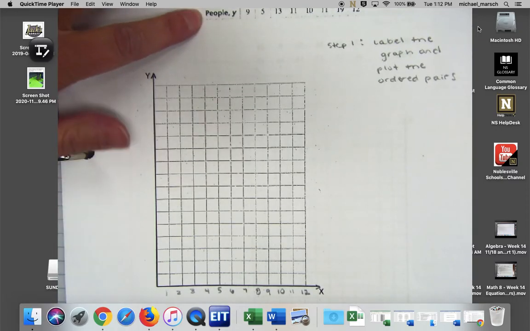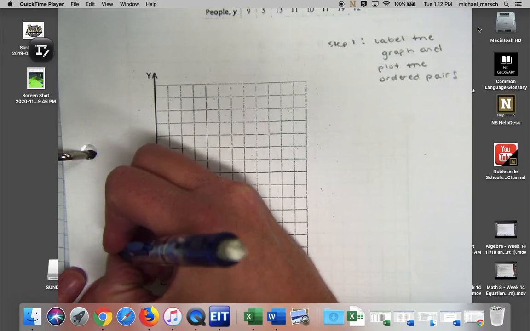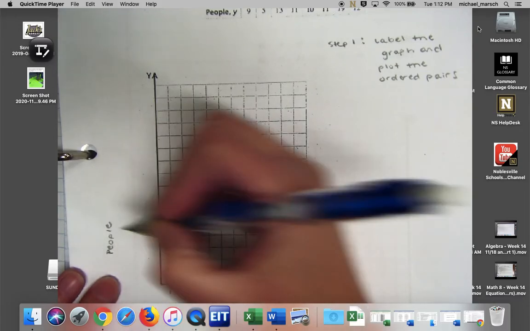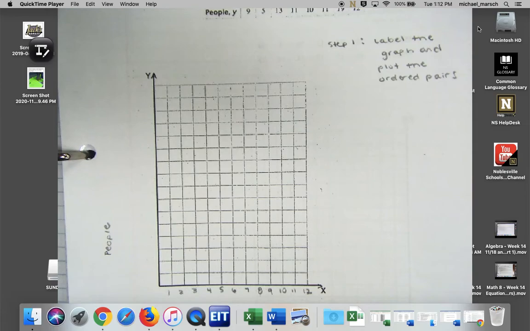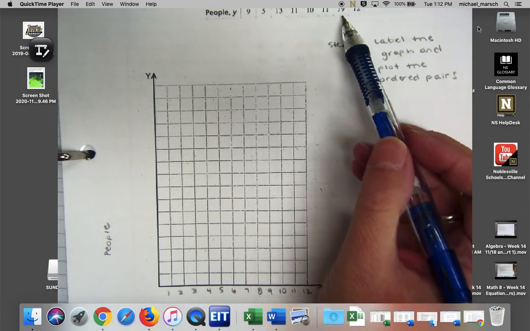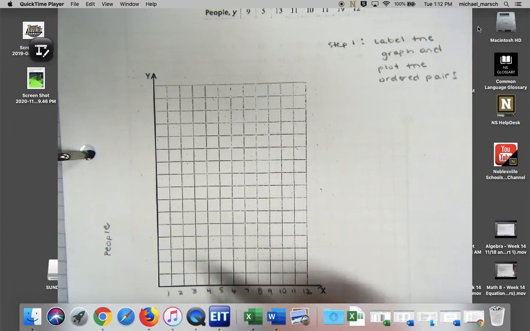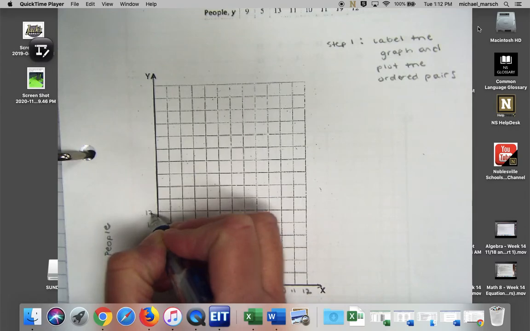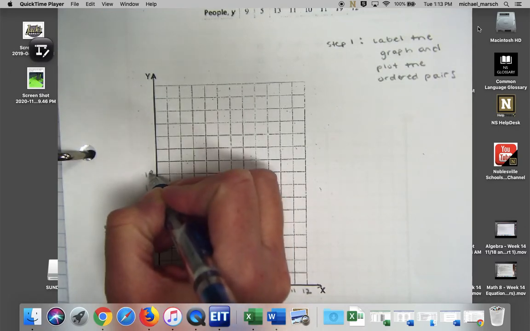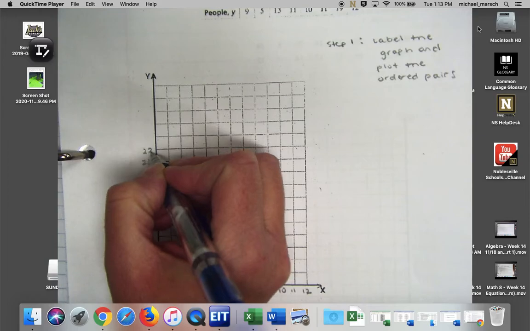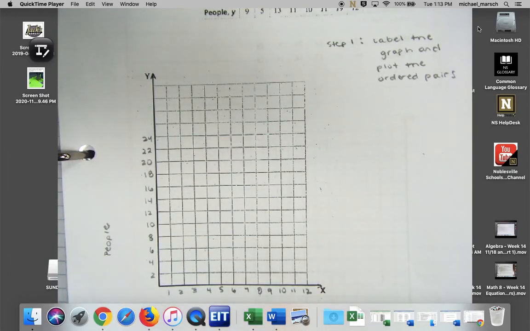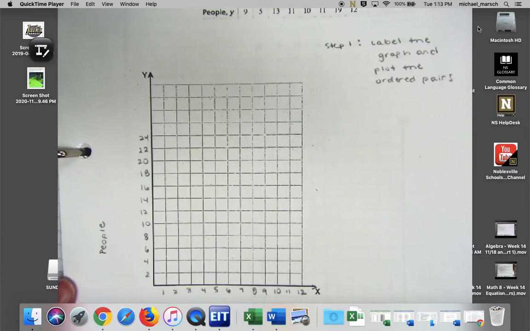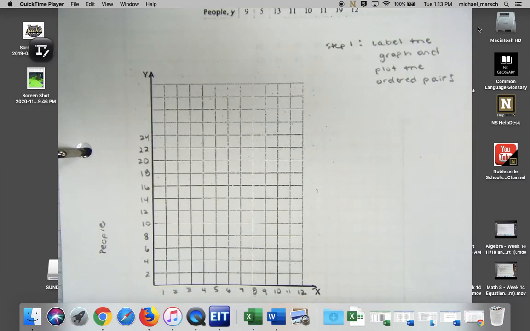So then my y-axis is going to be labeled people. And I need that to go up to 20. I don't have 20 lines here, so I'm going to skip count by 2's. So I've got this fantastic graph ready to have some points on it.